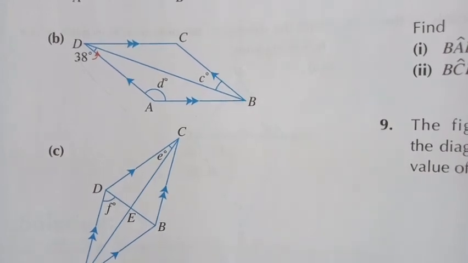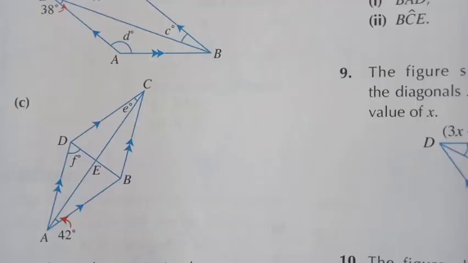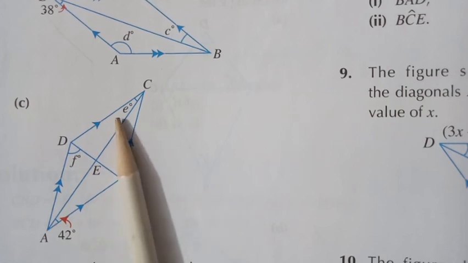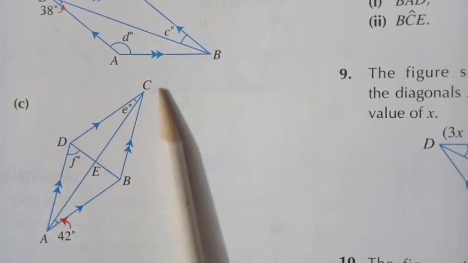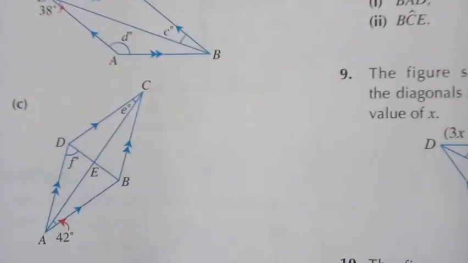Now I am sure you are able to solve it by yourself. Now the next part C. Over here in the same way E would be equal to, yes, would be equal to 42 because of alternate angles, because DC is parallel to AB and this AC is working as transversal.